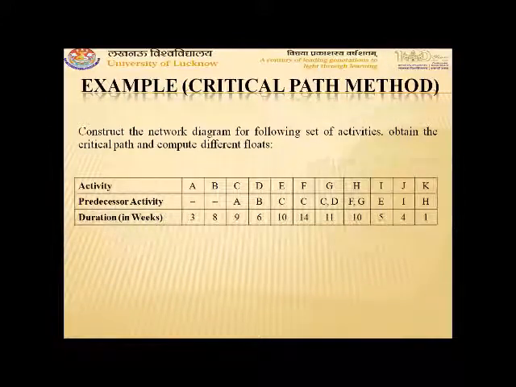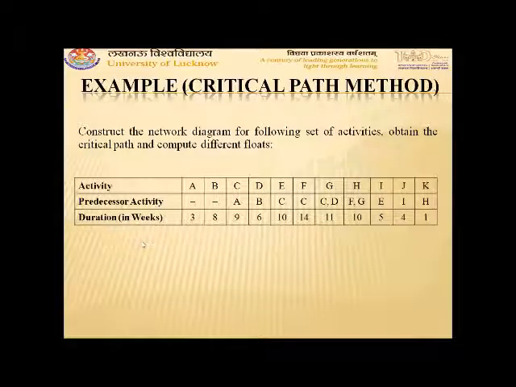Now, for example, construct the network diagram for the following set of activities, obtain the critical path and compute different floats. So I have taken the set of activities and their predecessor activities same as that taken for the construction of the network diagram.